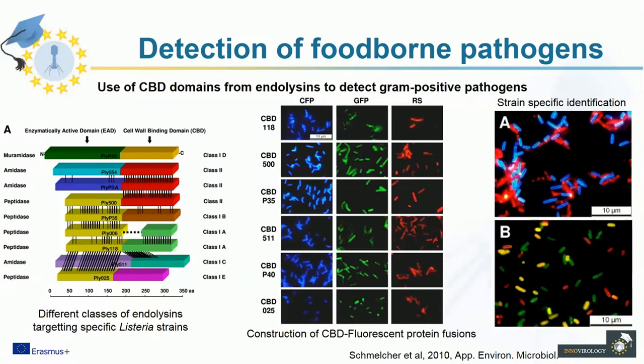Once established, this library can detect and differentiate specific Listeria strains. To this end, the binding affinity of these fusion proteins to different strains was determined. Then, those fusion proteins achieving a high affinity and specificity can be mixed with heterogeneous cultures to visualize the different strains present.